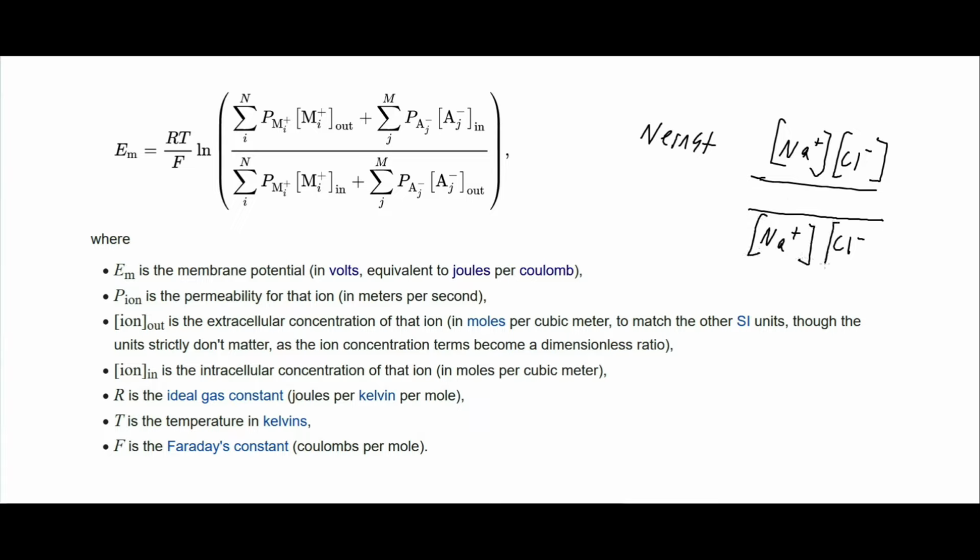Then it's going to create some charge across this membrane, or some potential is actually more accurately.